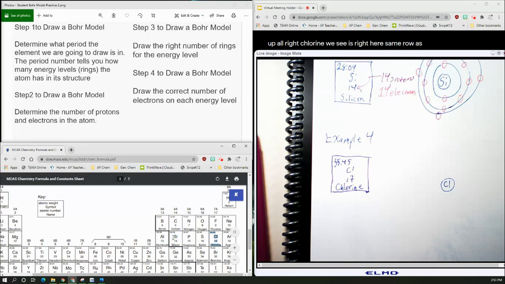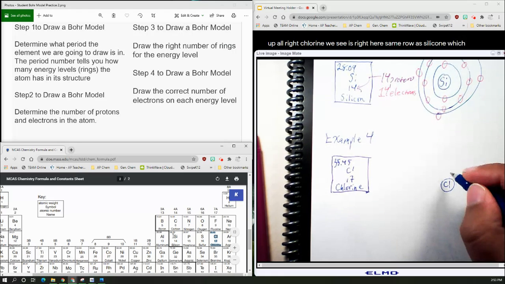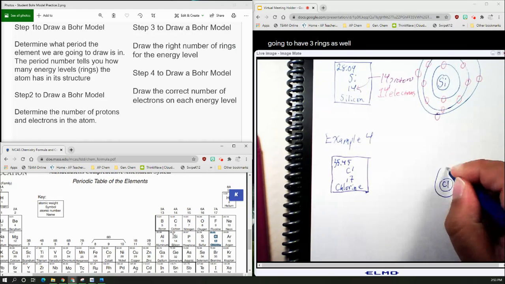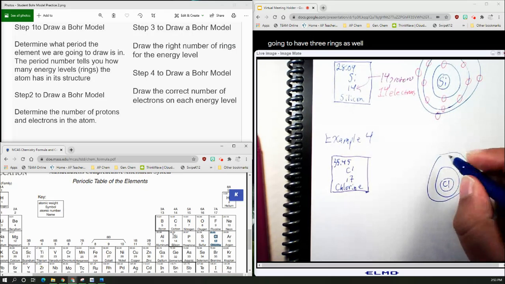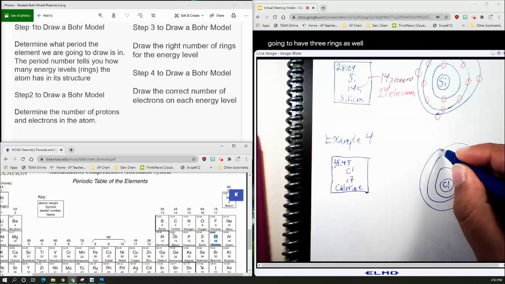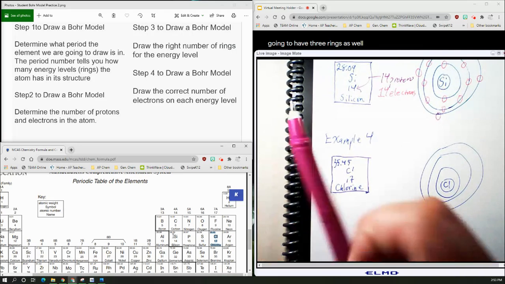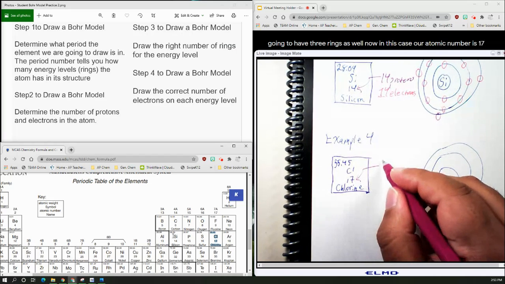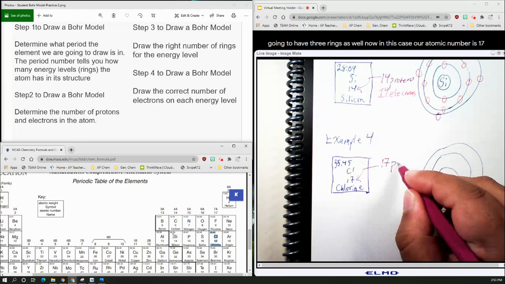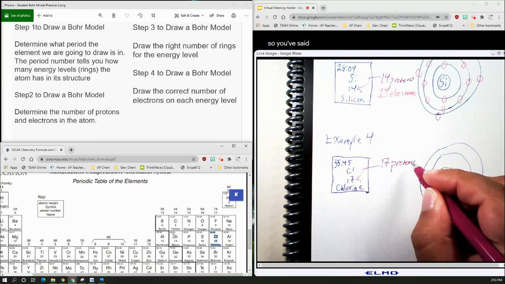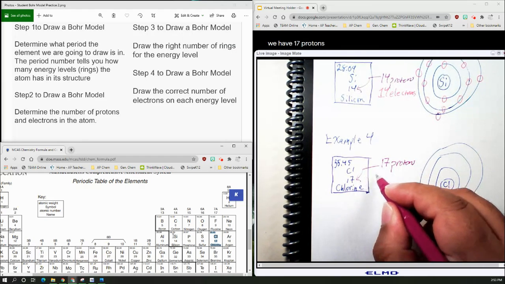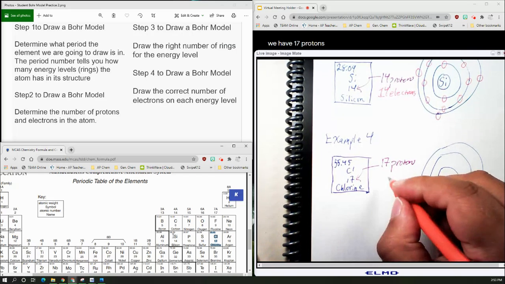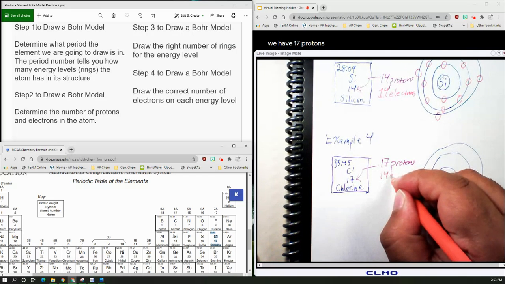Same row as silicon, which means it's going to have 3 rings as well. Now, in this case, our atomic number is 17. So we have 17 protons. And 17 electrons.